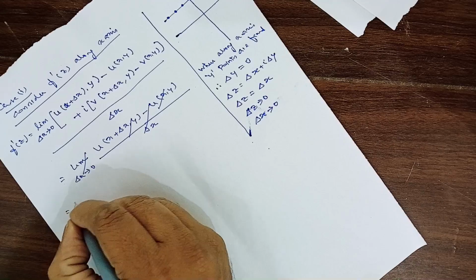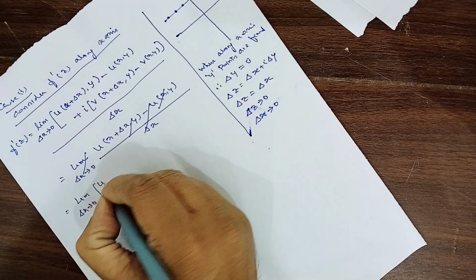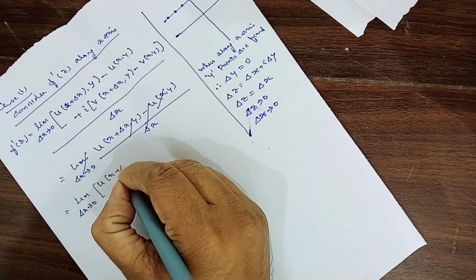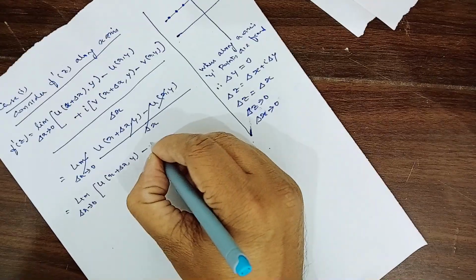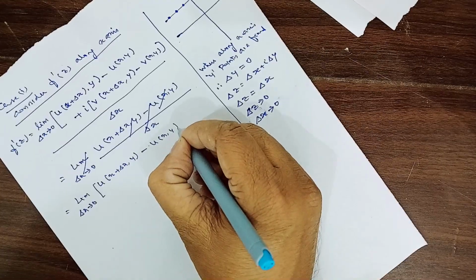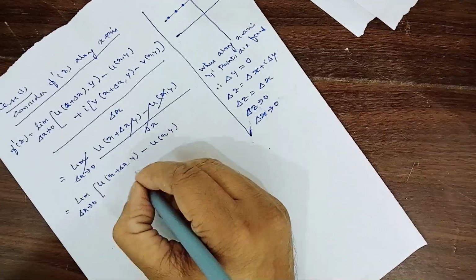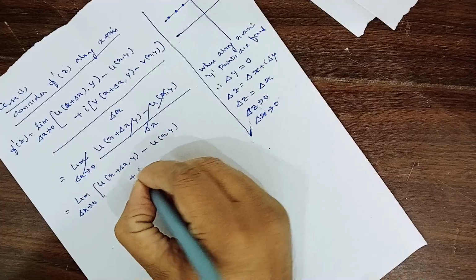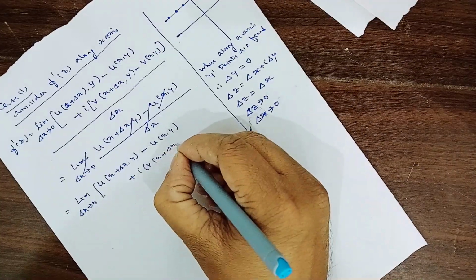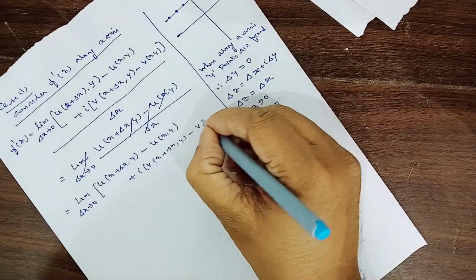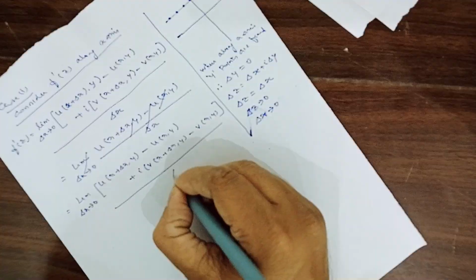You see, that is limit delta x tending to 0, u of x plus delta x comma y minus u of x comma y, plus i v of x plus delta x comma y minus v of x comma y, whole divided by delta x.